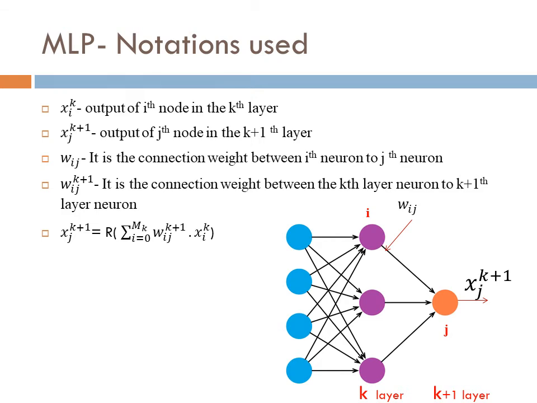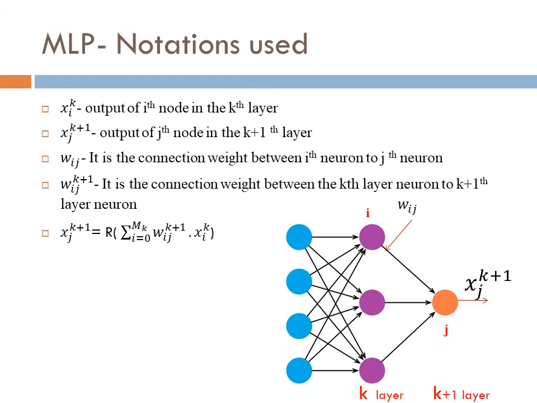The node i is represented in the purple color in the hidden layer, which is represented as k, and for the next layer, we can consider the orange color shaded layer not as the output layer but as one of the hidden layers, the next hidden layer. Let us consider the k plus 1th layer.